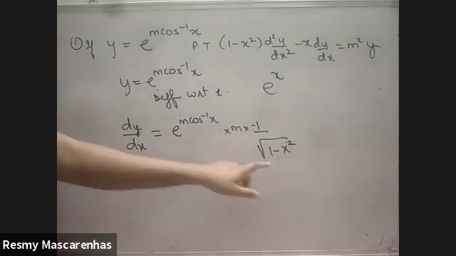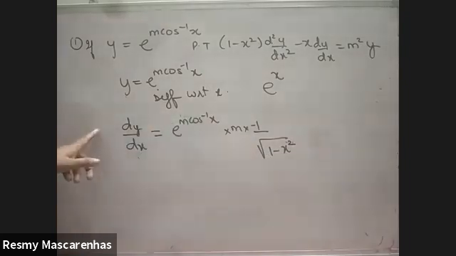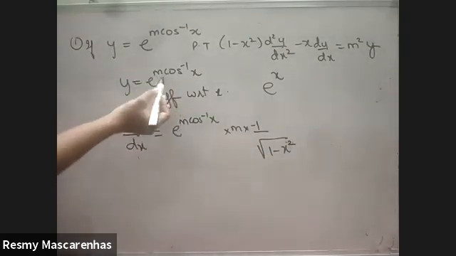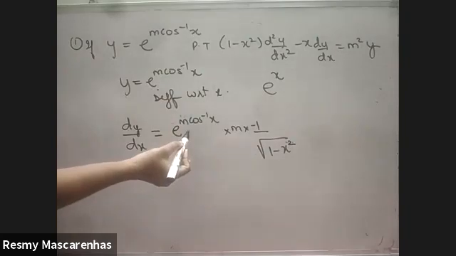Some of the teachers will directly take the root sign and differentiate. You can do that also, by taking the root sign, but I prefer the method where I have to square it. Before doing that, if you have seen, the same thing has come up again.